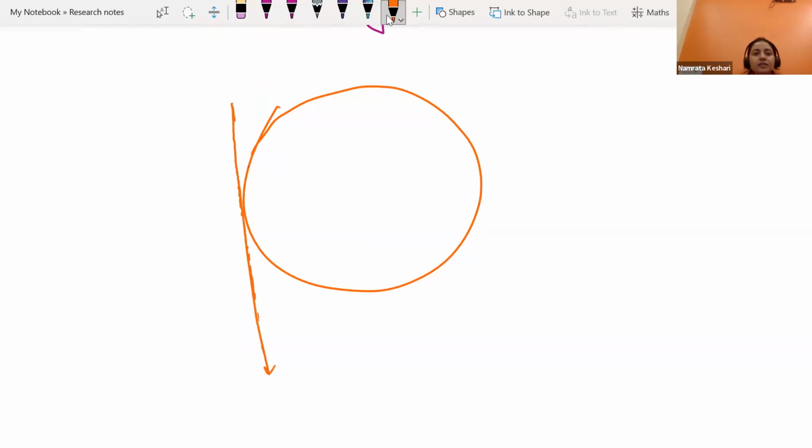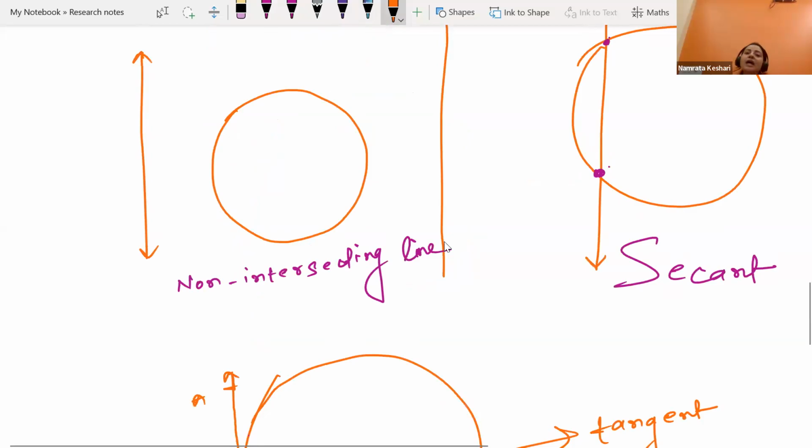That's the meaning of tangent, that it is touching the circle at only one point. This line, if I am calling this line AB, this line AB is tangent to our circle. So when you will be having a circle and a line, these are the only three possibilities we can have.